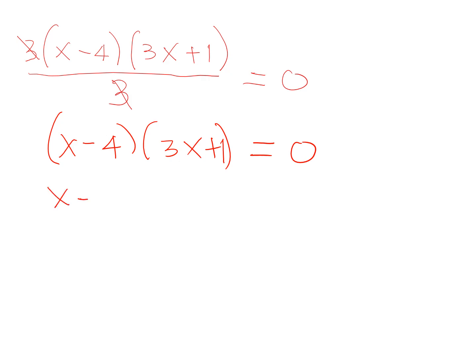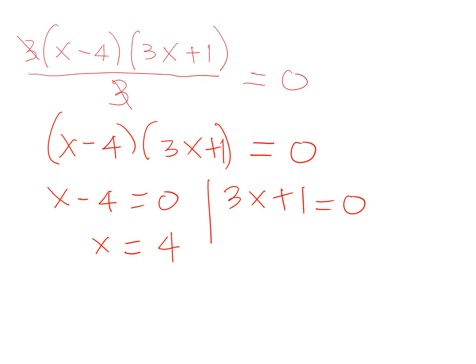So x minus 4 equals 0. Then 3x plus 1 equals 0. So we have x is equal to positive 4. Then the other one is 3x.